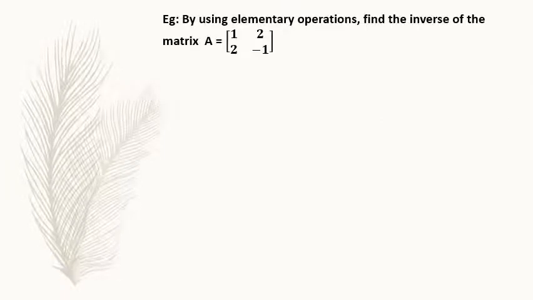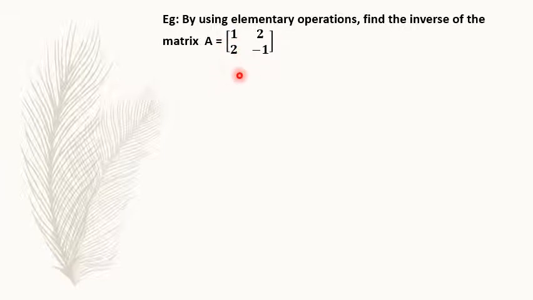By using elementary operations, find the inverse of the matrix A. A 2 by 2 matrix A is given. So how can we find the inverse of this 2 by 2 matrix? We discussed how to find the inverse of a matrix using elementary operations. There are 3 steps.